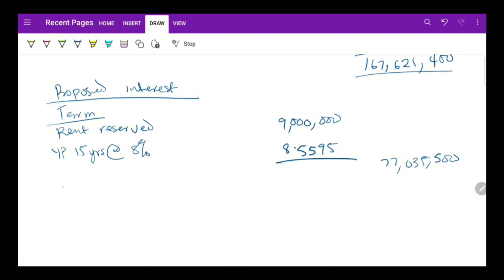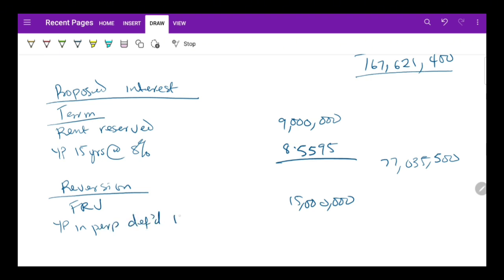Then we do for reversion. For reversion, we have the full rental value, which is 15 million naira, and then capitalize it using YP in perpetuity, deferred 15 years at 8%, and that gives us 3.94.